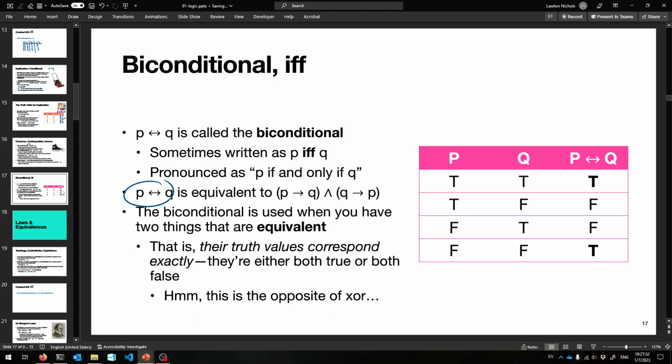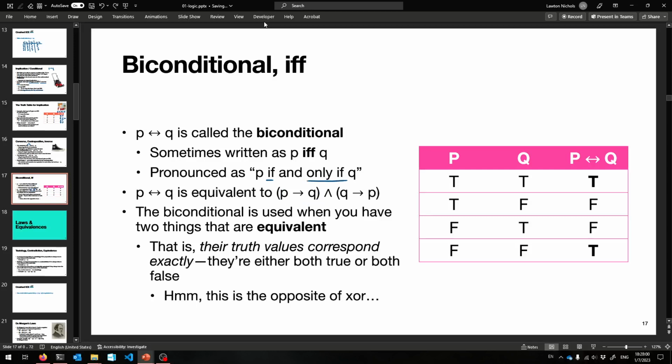The biconditional is a very strong form of implication. It's equivalent to the arrow in both directions. It's equivalent to P implies Q and Q implies P. And you can get really technical, and I always get this mixed up, but you can break it up into the if part and the only if part.